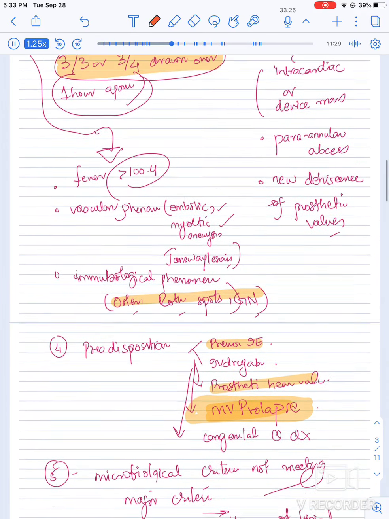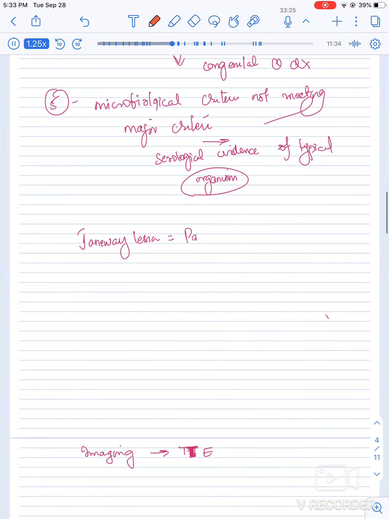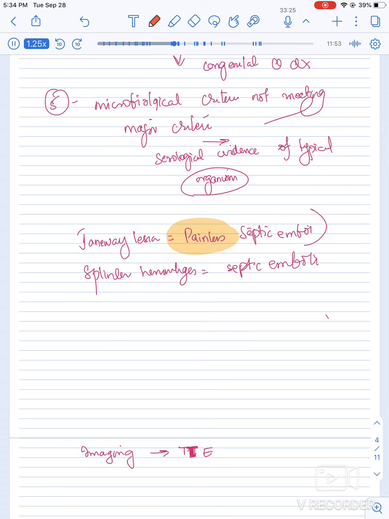Just to touch on Janeway lesions. Now these are painless. Septic emboli, splinter hemorrhages also occur because of the septic emboli. Osler nodes, from the word Osler.